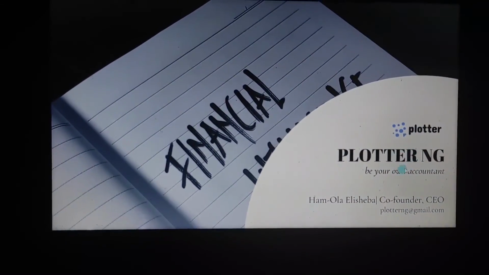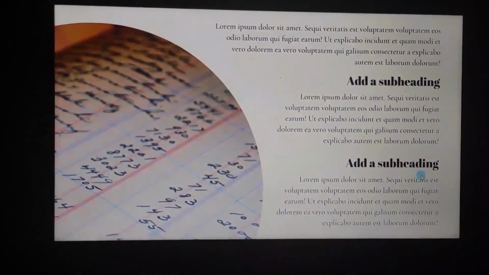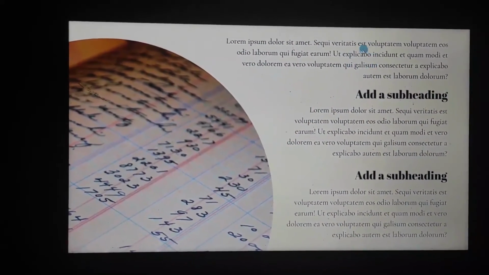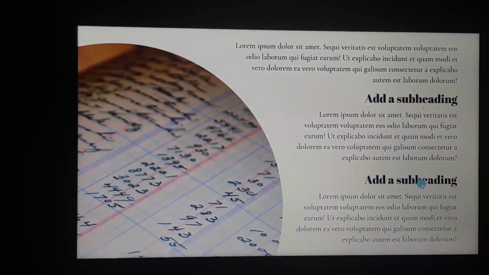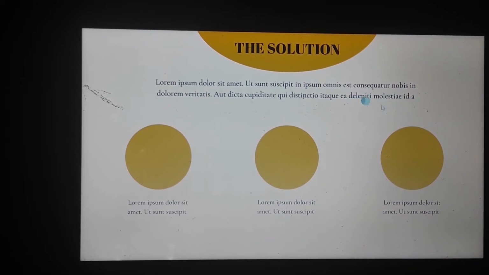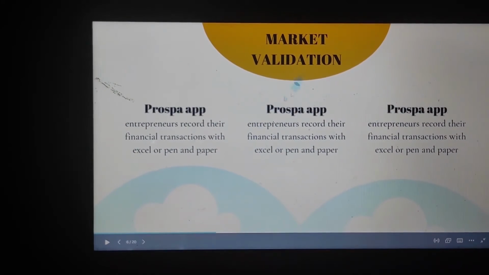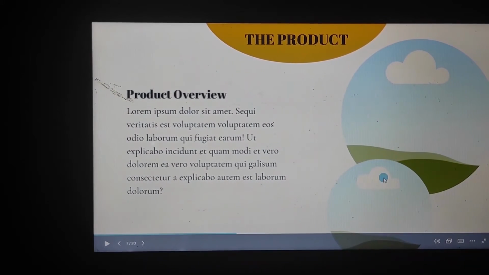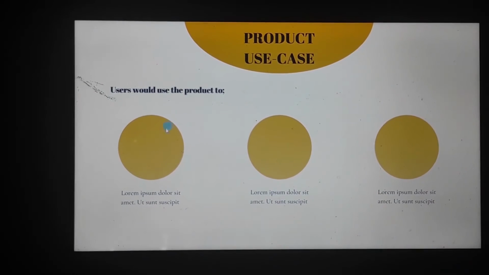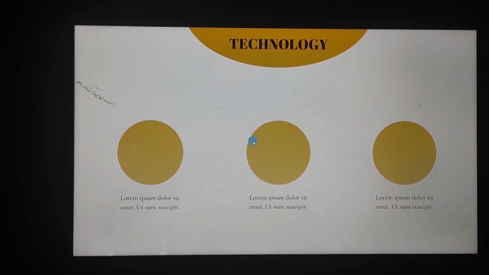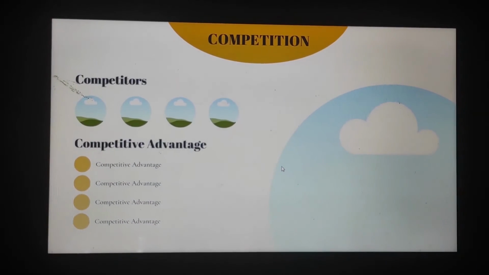So this is the homepage. I'm supposed to put Plotter NG pitch deck, but I'll edit it, sha. So this is, like I said on my sketch, the overview. This is supposed to be vision and mission, the problem, the solution, market size, images here, market validation, images here, products, images of the dashboard of the app and everything, product use case, user benefits, technology, market positioning, competition.